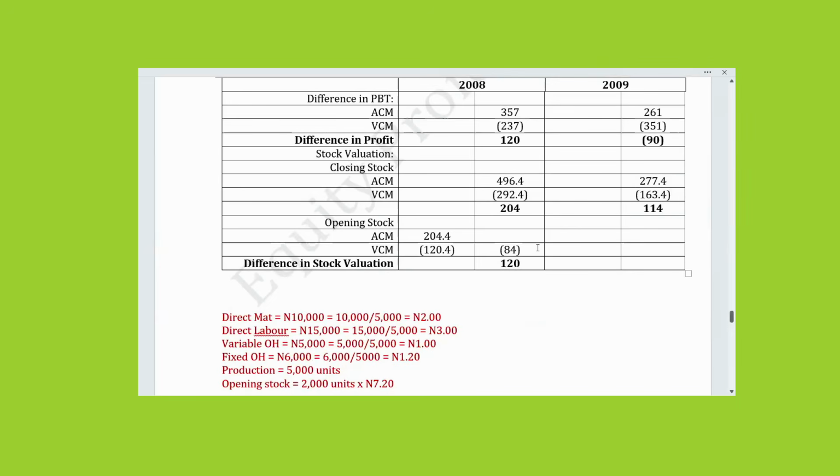We then deduct difference in opening stock. The closing stock in 2008 will become opening stock in 2009. So 496.4 minus 292.4.